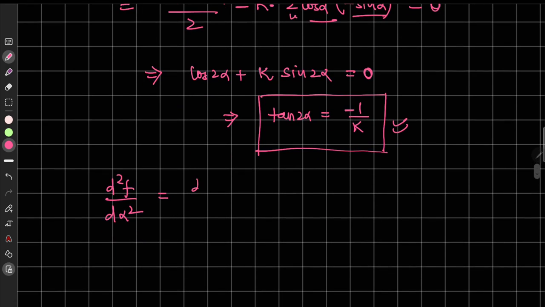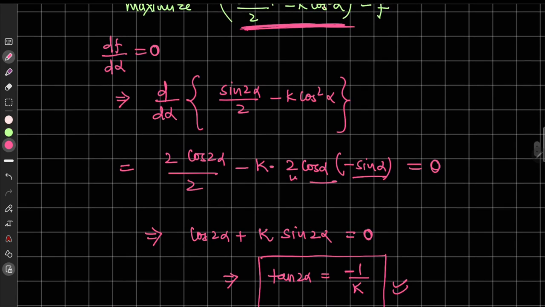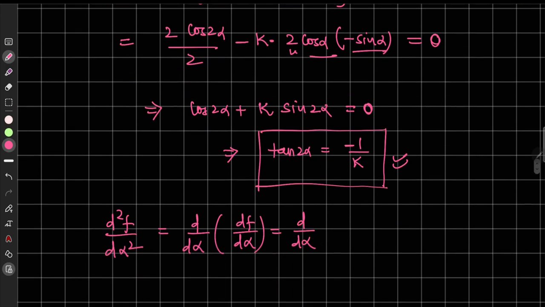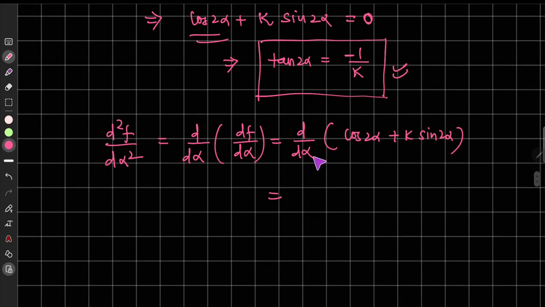So we can write d by d alpha of df upon d alpha, that we have found out here, that is cos 2 alpha plus k times sin of 2 alpha. So from here we can get minus 2 times sin of 2 alpha plus 2 times k into cos of 2 alpha.